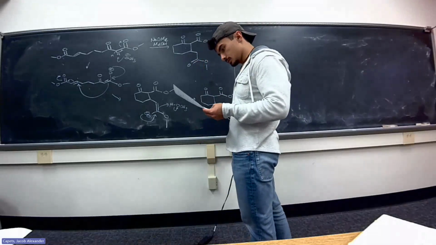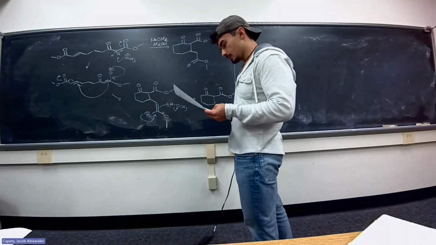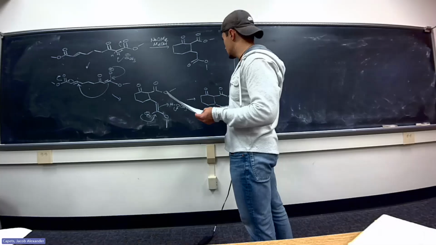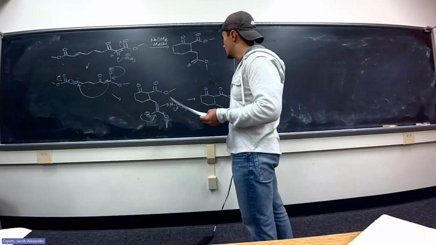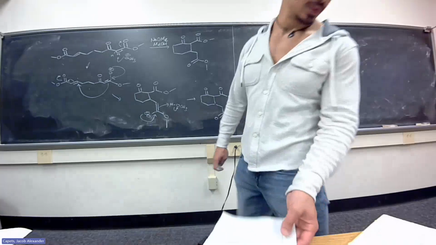Wait, so if it's a diagram now? I thought it was only for the Claisen one. Did I put? Oh, because we... wait, what? I think it's just the Claisen one. No, but I didn't put one equivalent here. Why did I not put one equivalent here?